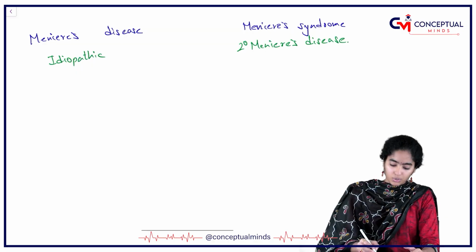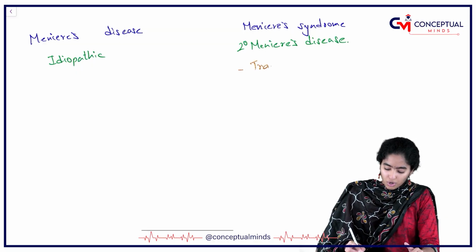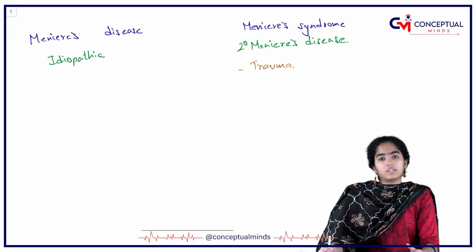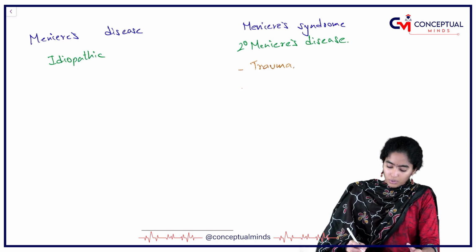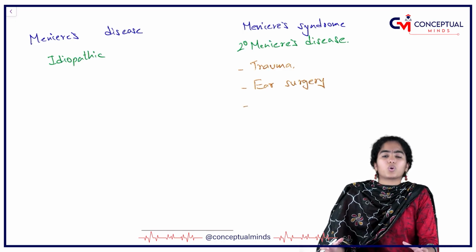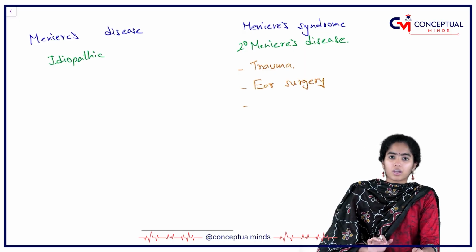Let us see what the known causes are. Maybe there was a history of head trauma, injury to the inner ear, following an ear surgery. A surgery was performed for some other reason, and after that some structure was destroyed, and that led to all these conditions.